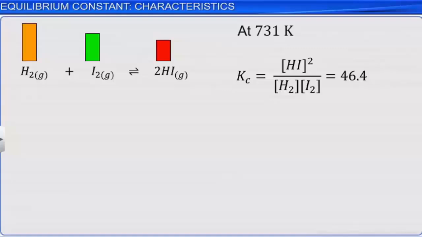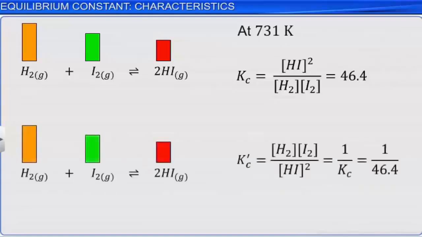The equilibrium constant for the reverse reaction of the decomposition of hydrogen iodide at the same temperature is the inverse of the equilibrium constant for the forward reaction of the formation of hydrogen iodide from hydrogen and iodine. This is equal to 1 by 46.4.